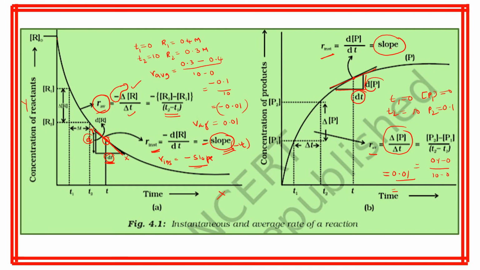Substitute in this one, we get the slope. So very simple. For average rate, take R2 minus R1 or P2 minus P1 over the change in time. Whereas for instantaneous rate, take the derivatives, small changes, dp by dt like that, or dr by dt like this.